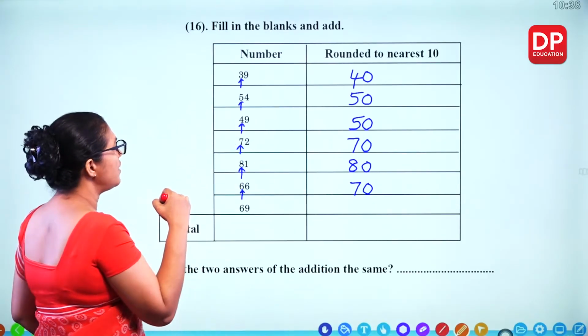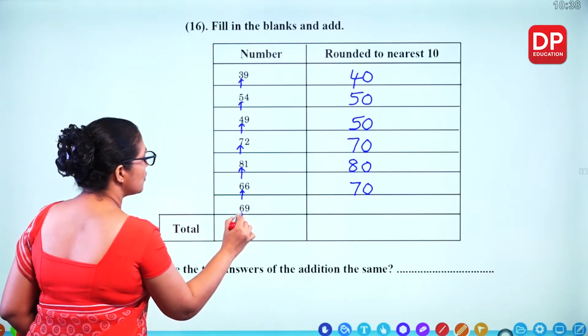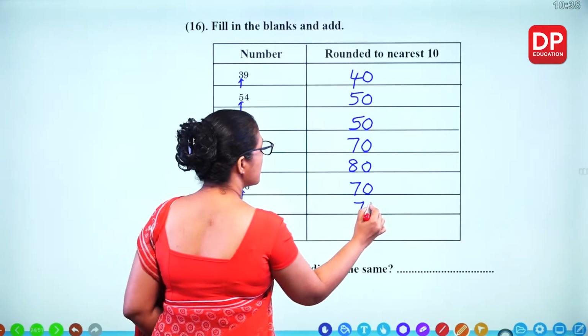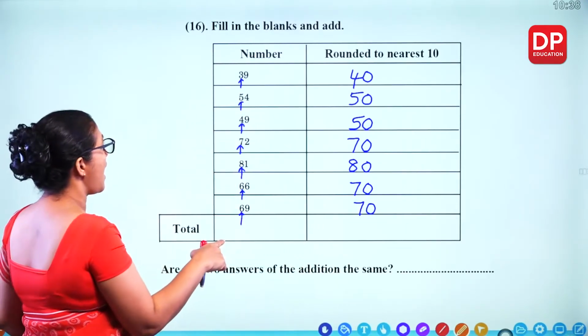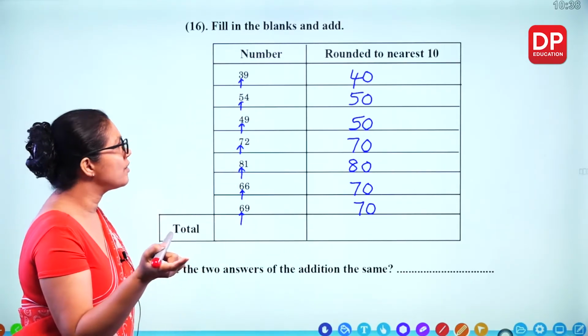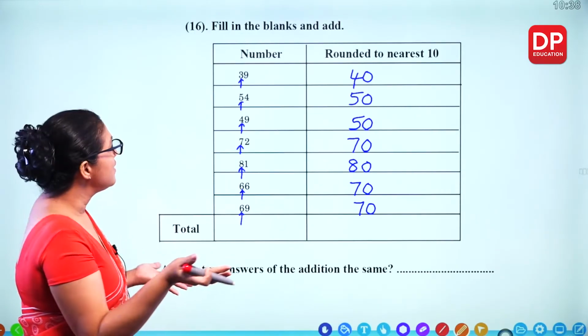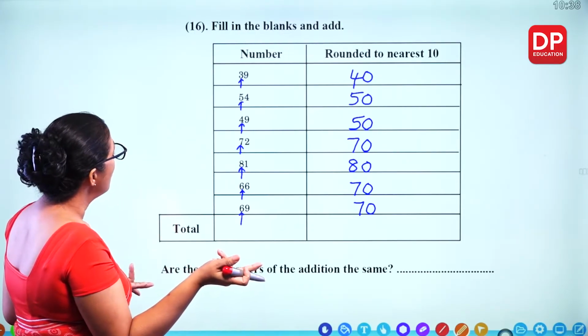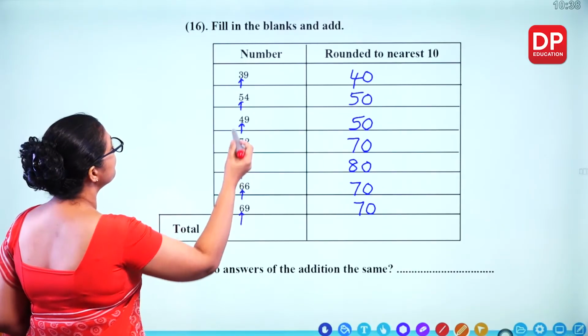You need to add 1. 69 also becomes 70. Now we'll add the actual value and the rounded value and see whether this is the same or roughly the same.